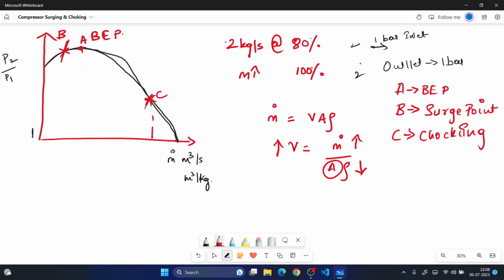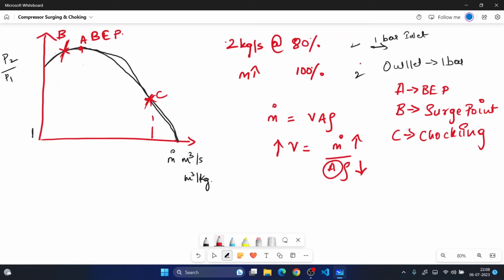We can also reconsider this when we are increasing the mass flow rate. Like I said before, we are opening the delivery valve from 80% to 100%. We are trying to increase it from, say, 1.75 kg per second to 2 kg per second. By increasing the mass flow rate, we are trying to increase the pressure, so the density decreases.